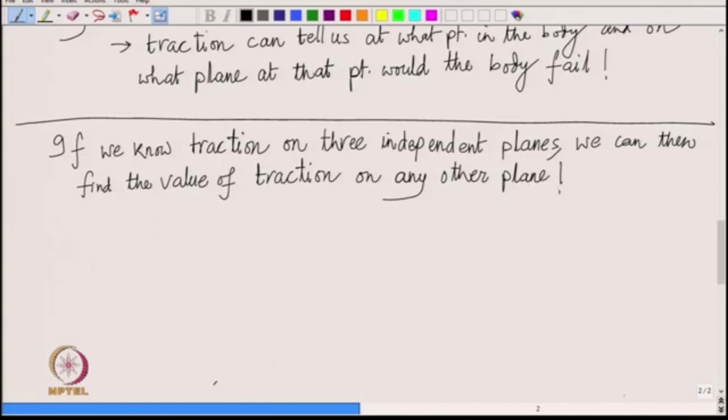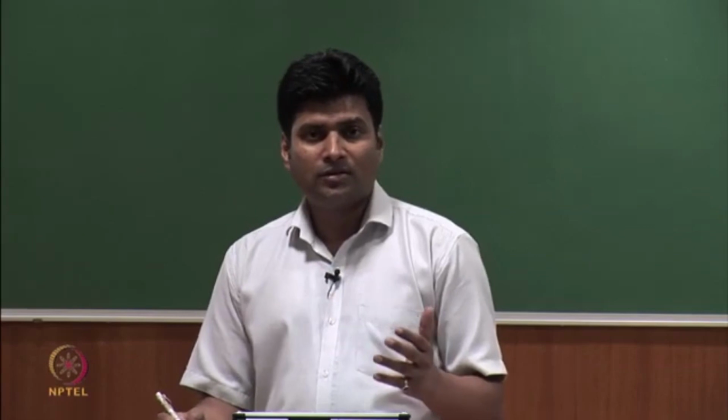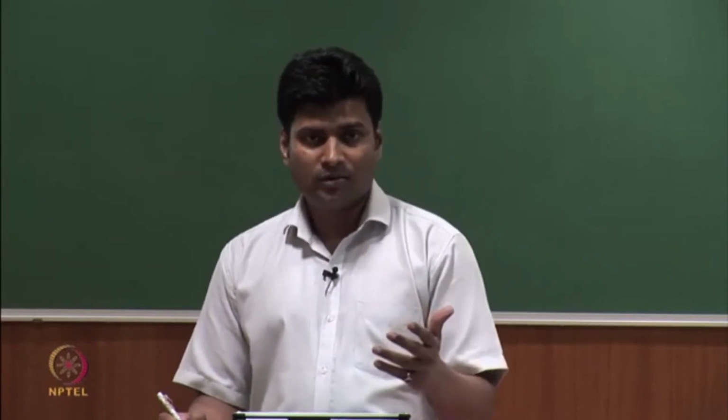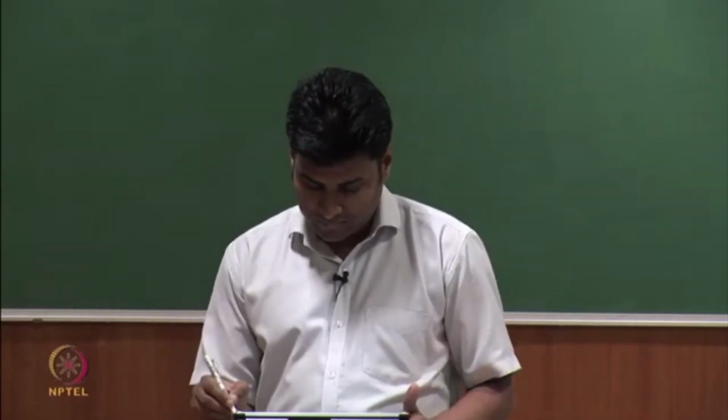So, what does this mean? That means just store the values for 3 planes and then use the formula to get the value of traction on any other plane. So, that is really a very useful theorem.